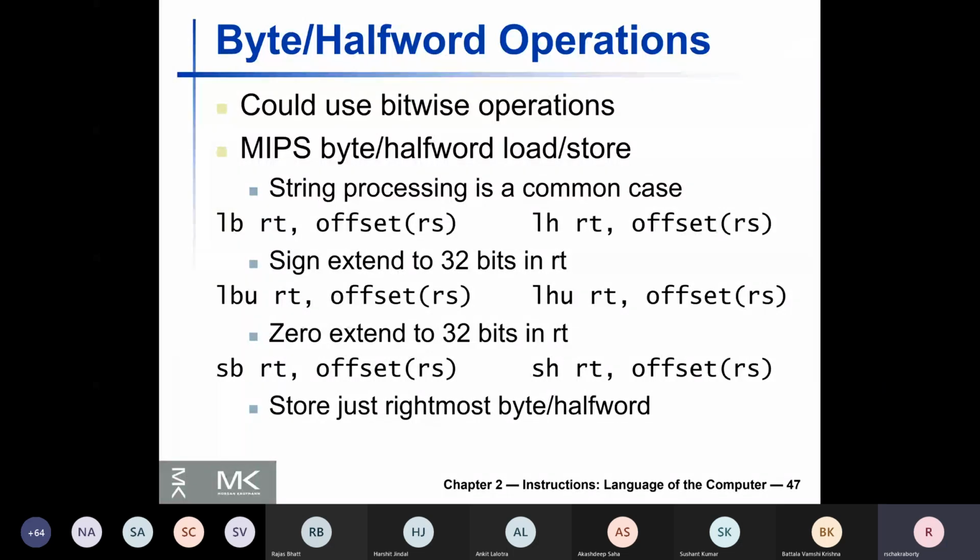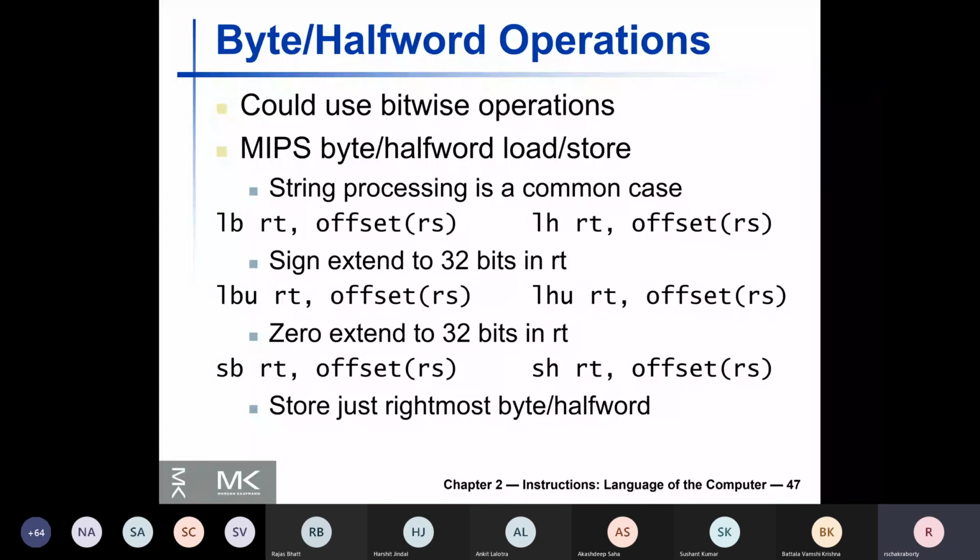That becomes a question. So there are two options. One is you sign extend it to 32 bits, which means you look at the 8th bit, the last bit from the left, and you just replicate it 24 times more. That is sign extension. Okay. So that happens for the LB and the LH instructions.